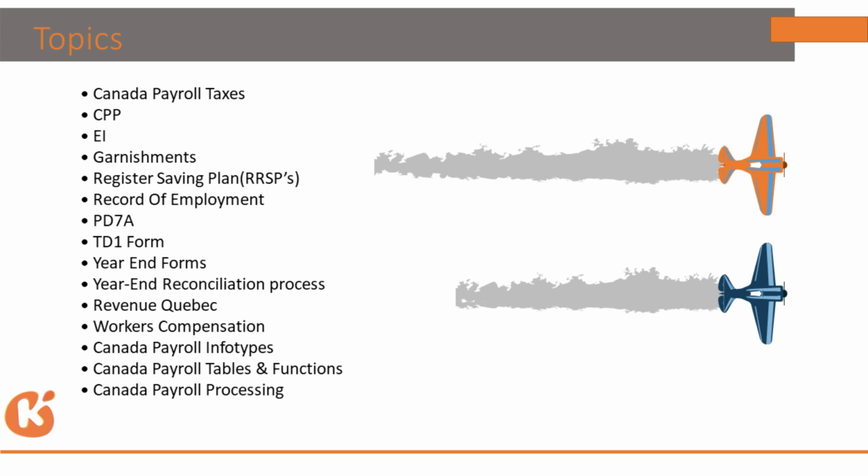For the record of employment, I will give you an overview of what it is. Record of employment holds the history of an employee, and it's an important document for them to be eligible for EI.